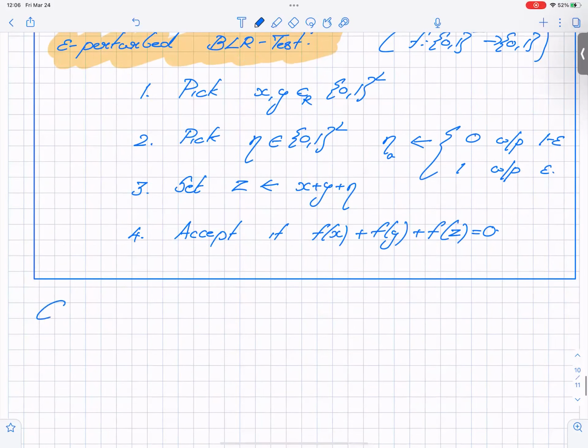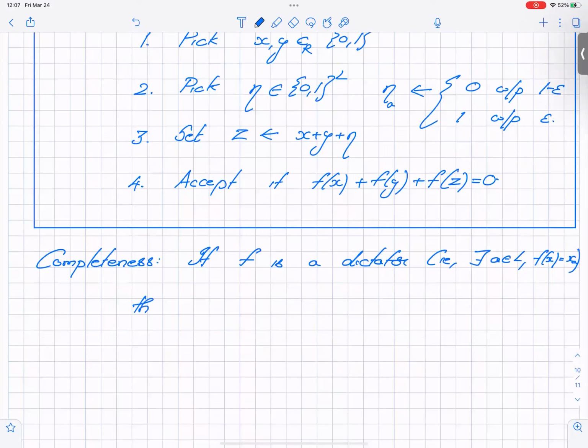Completeness: if f is a dictator, that is, there exists an a in L so that f of x is x_a, then the probability, over the random choice of x, y, and eta, that the epsilon perturbed BLR test accepts f is exactly equal to 1 minus epsilon.